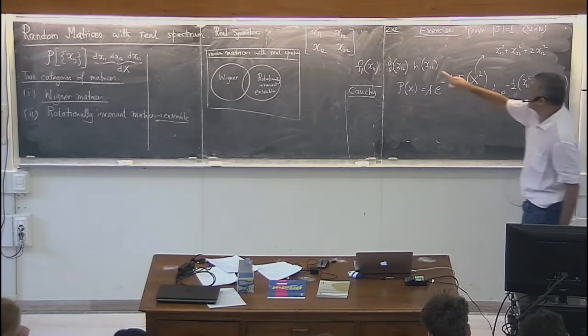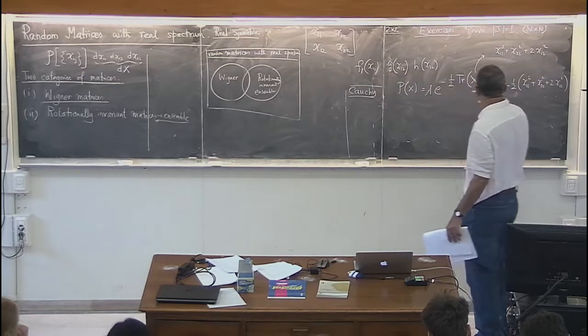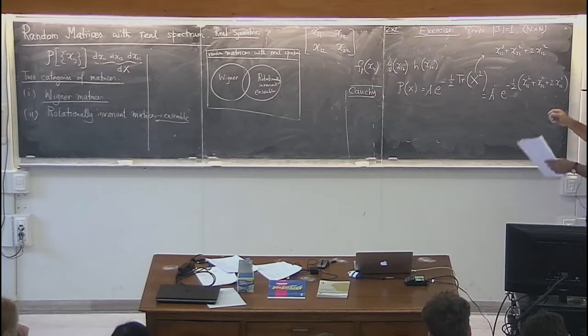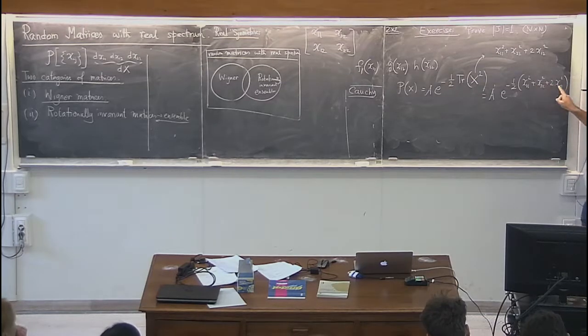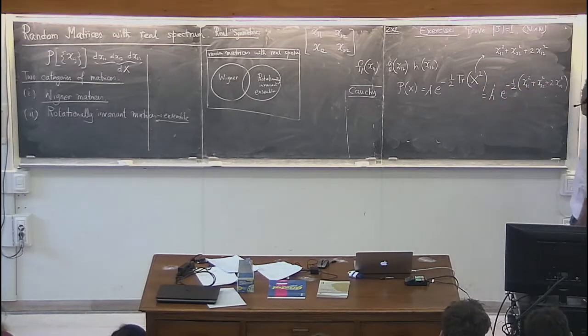I'm choosing x11, x12 and x22 independent Gaussian, so their joint distribution is the product, except that I'm choosing the variance of x12 to be half of the variance of x11 and x22, so that this particular combination can be written as trace of x square and is invariant.